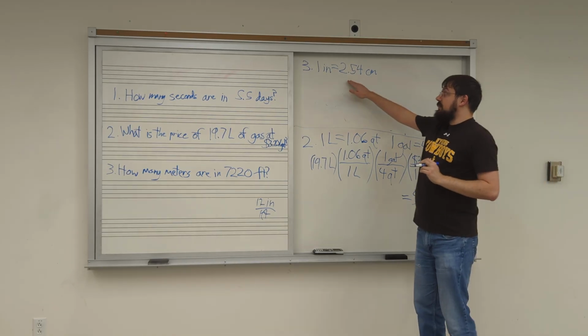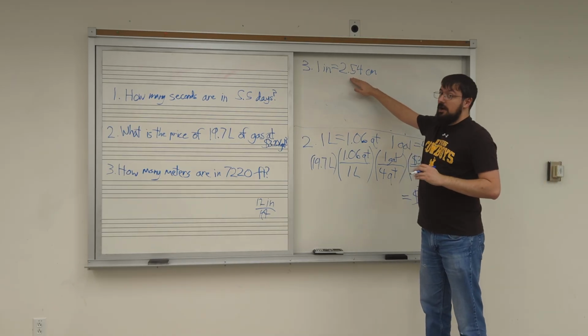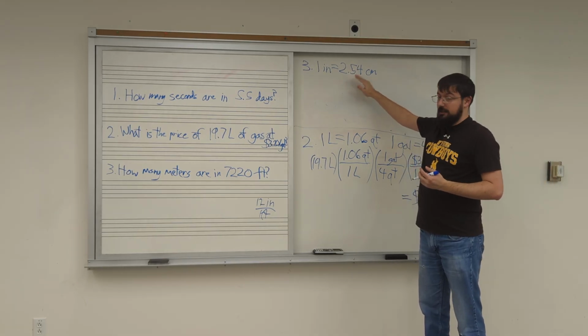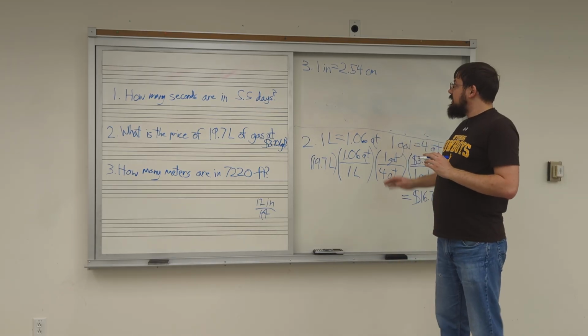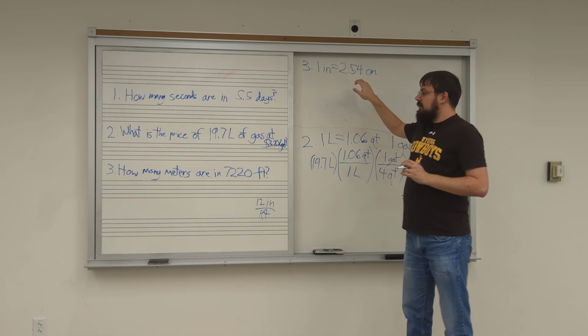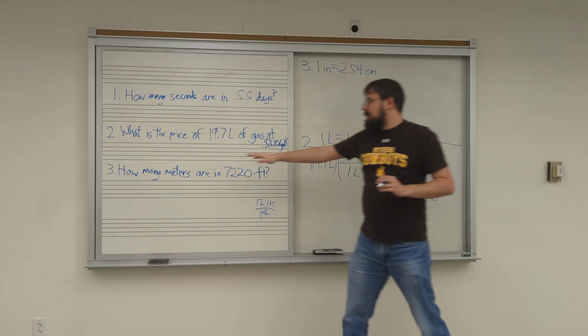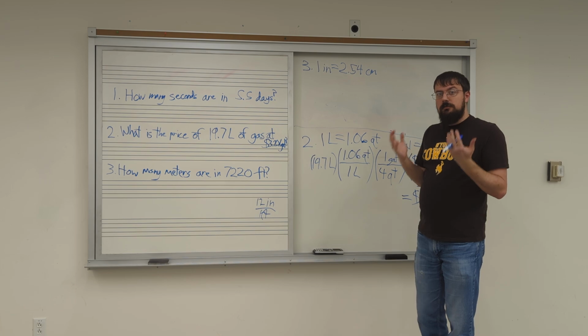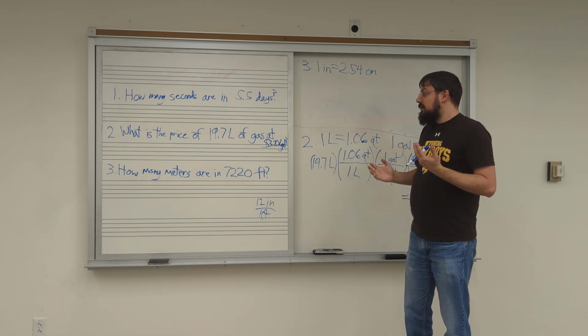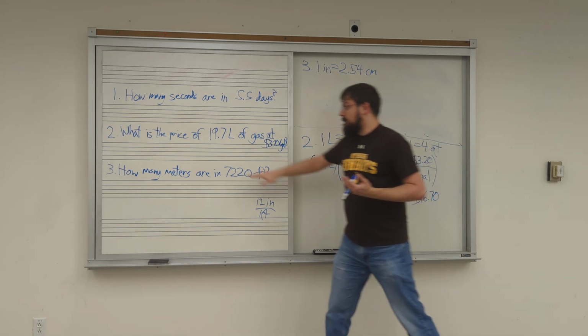This conversion factor is exact. 1 inch is exactly, not approximately, but exactly 2.54 centimeters. So this gets us from inches to centimeters, but we want to go from feet to meters. So how can we find ways to basically use this conversion factor to get from feet to meters?